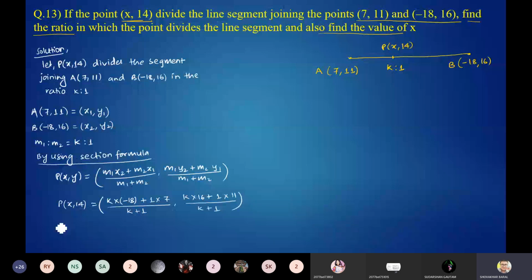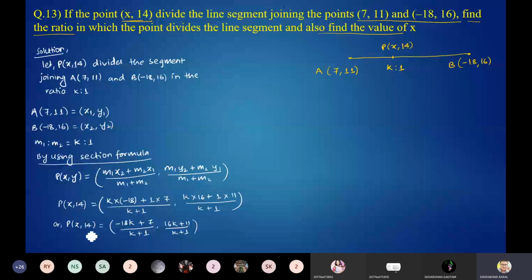Now P(x, 14) equals, let me simplify it further: (-18k + 7) divided by (k + 1), comma, (16k + 11) divided by (k + 1).